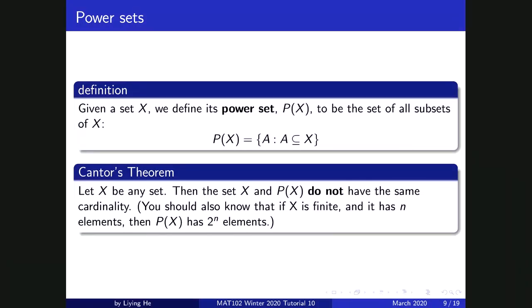You need to know that the cardinality of X and its power set do not have the same cardinality. Specifically, if X is finite and has n elements, then the power set of X has 2 to the power of n elements. This is really important. It tests you many times on the exam, so please make sure you note this.